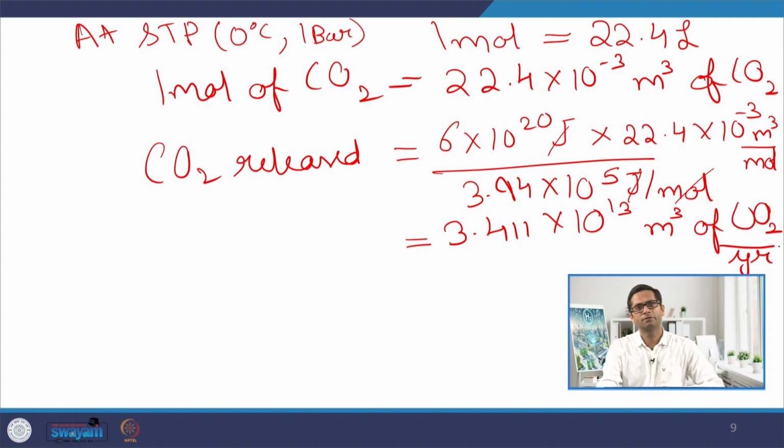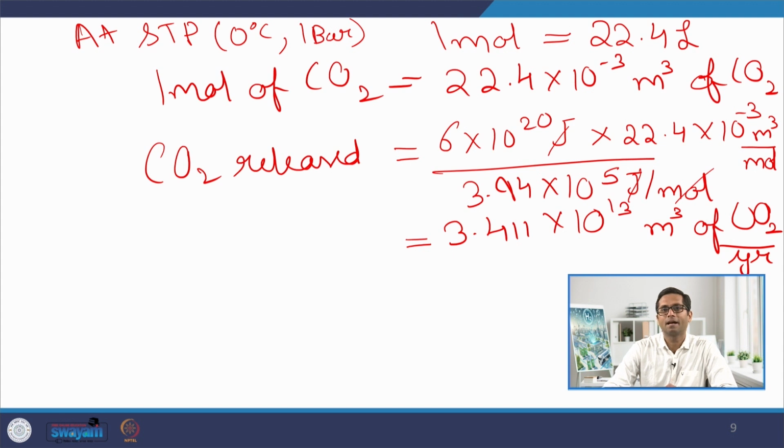So, this is the amount of CO2 that I would be producing per year if the whole of the energy on the planet Earth is going to come from the use of fossil fuels, and these fossil fuels are basically being represented by crude. Now, I have two numbers. One is the amount of CO2 that is already there in the atmosphere, and the second is the amount of CO2 that I am continuously emitting because of my energy use.